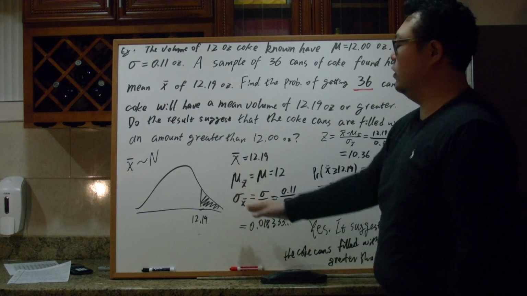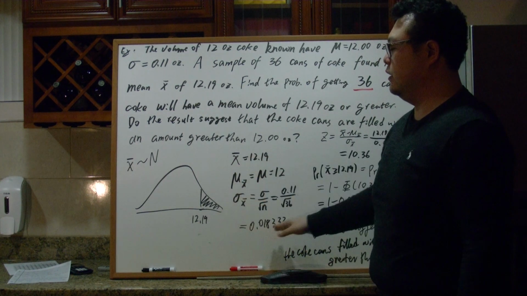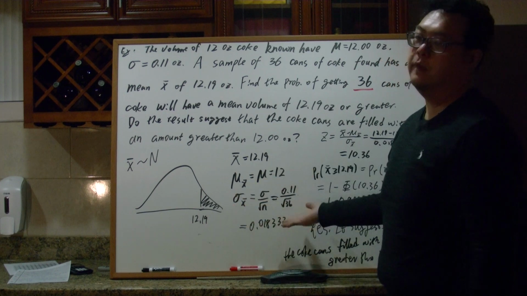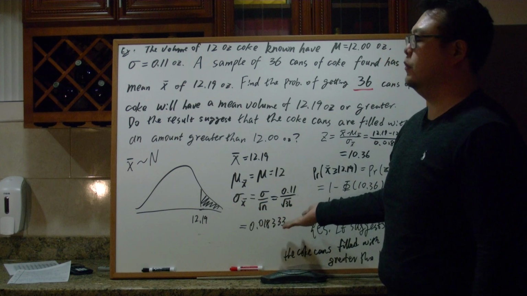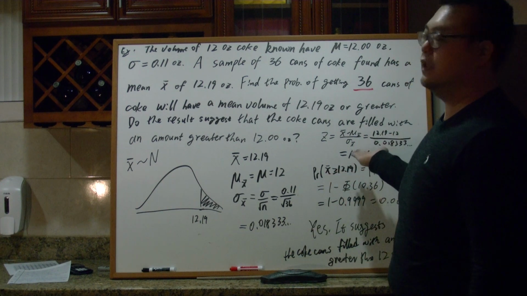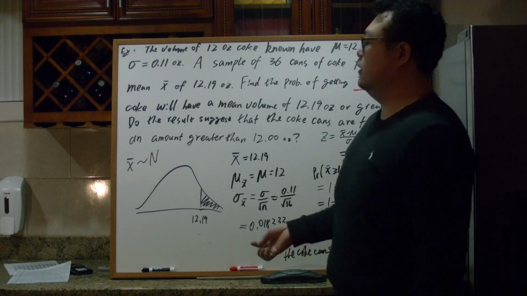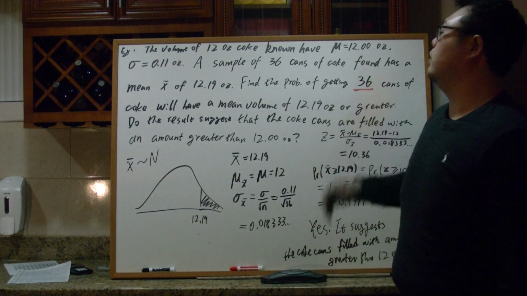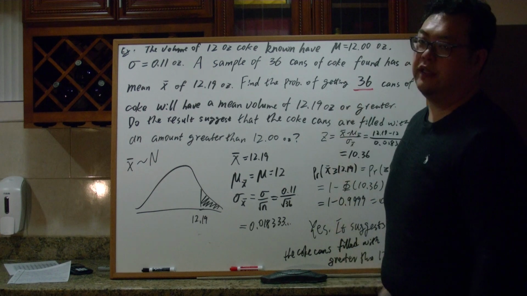Then these things always hold: the mean of the sample mean and the standard deviation of the sample mean, those formulas always hold, doesn't matter if it's normal or not. The only thing is, if it's not normal, we cannot use the z-score to approximate. Here we can use it because the size is big enough.